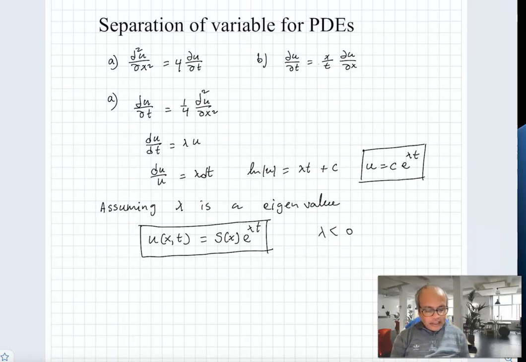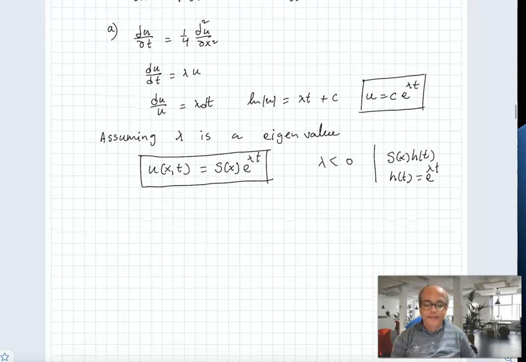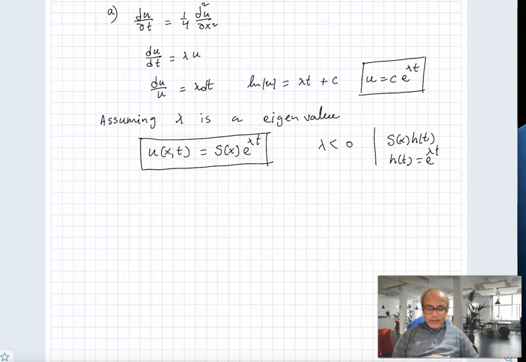This form can equivalently be written as s(x) times h(t), with h(t) is e to the power lambda t. Okay, so what do we do next? We take this trial solution, plug into the equation, and see what happens. You differentiate with respect to t, you get lambda times s e to the power lambda t.